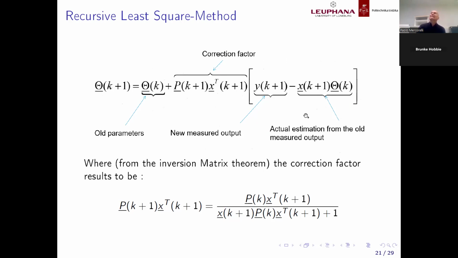In some books, we call this part the innovation. Multiply this by this correction factor, which we can see here. I don't have time to show you this matrix inversion theorem.